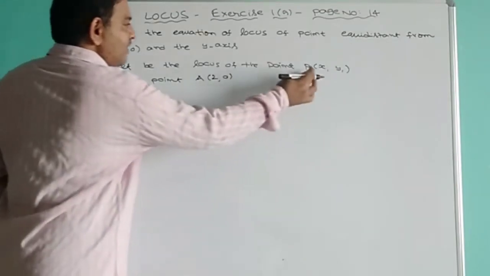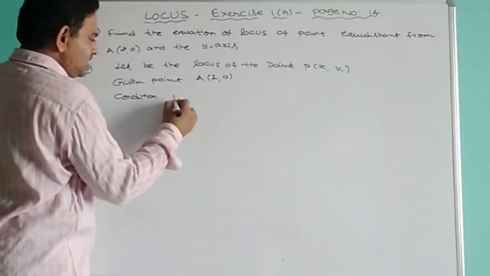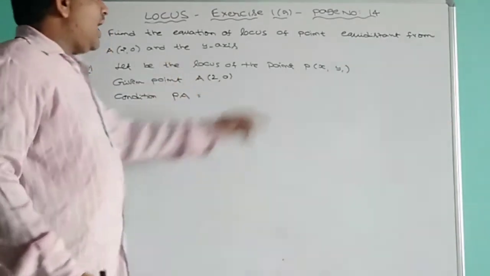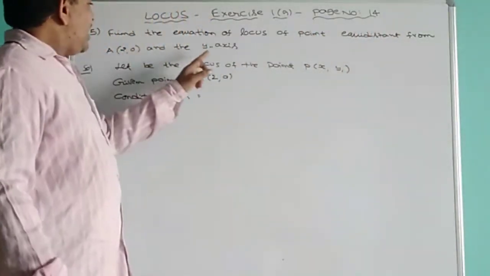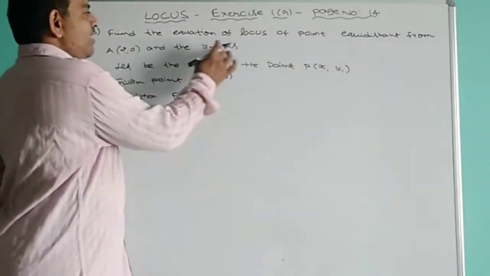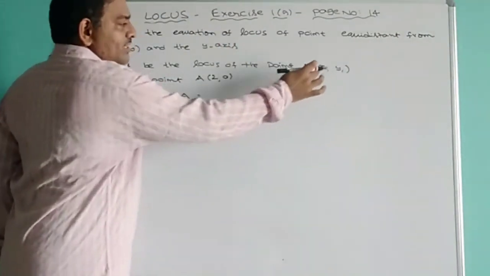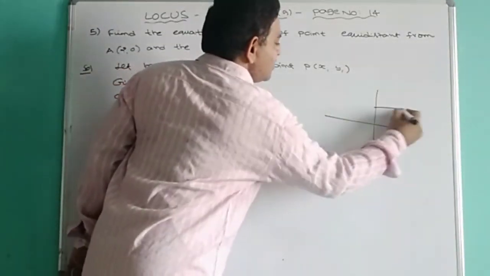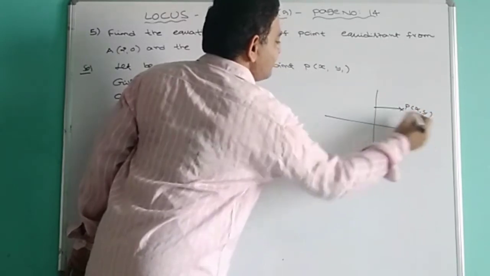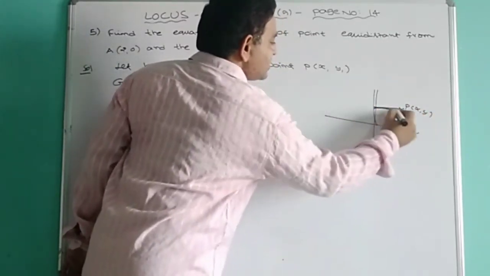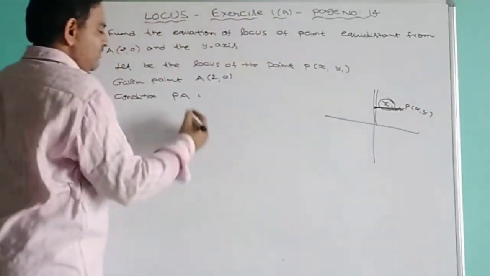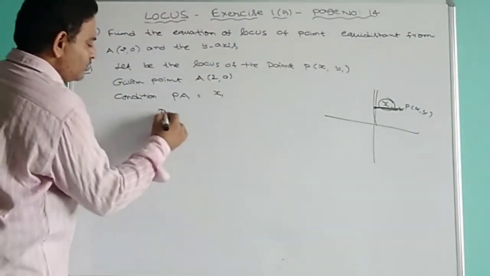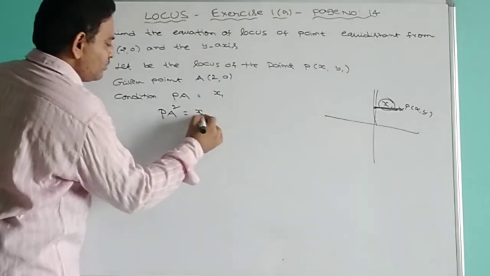Here what is the given condition? The distance from P to A, that means the PA length, is the same as the distance from the y-axis. The distance from the y-axis, as explained in the previous problem, for the point P(x1, y1), that length will be x1. So squaring on both sides, PA square equals x1 square.